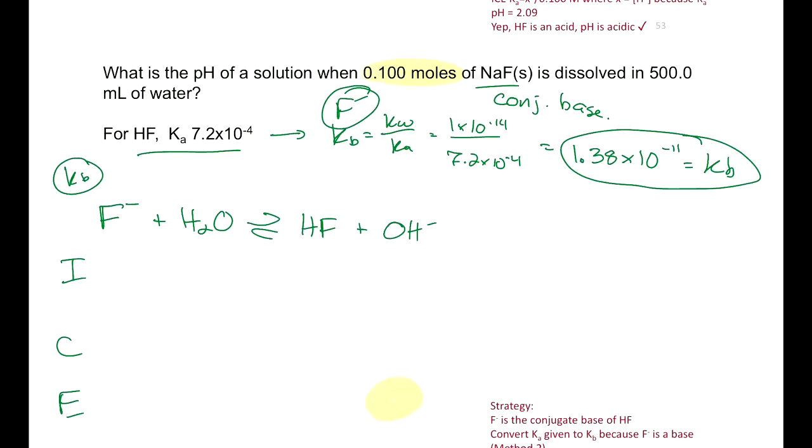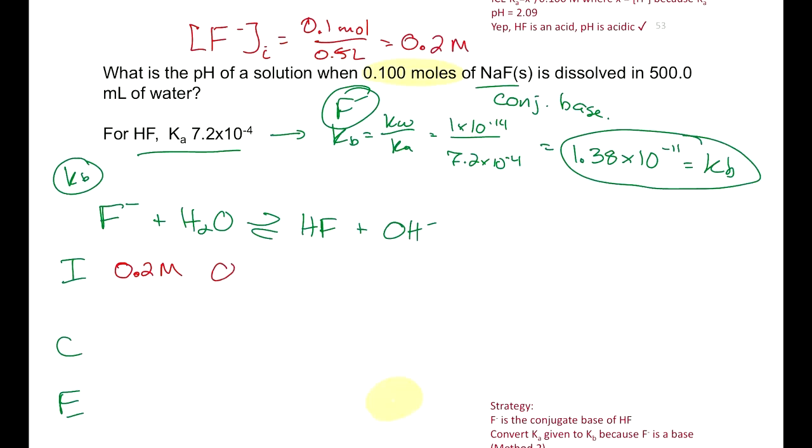Not 0.1. It's actually 0.2. Yes, 0.2 molarity, because the concentration of, not HF, of F minus initially is 0.1 moles over 0.5 liters, half a liter of water. So that is equal to 0.2 molarity. That's what's going in our initial line.